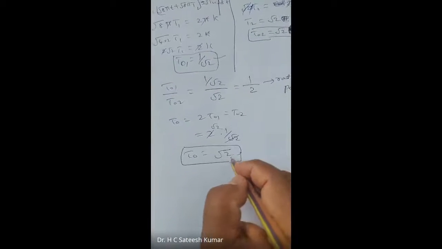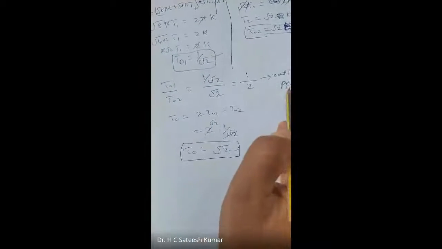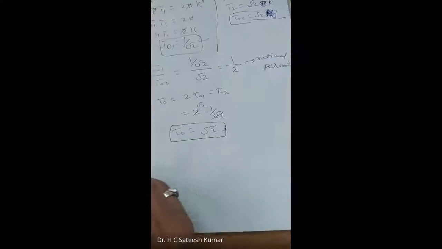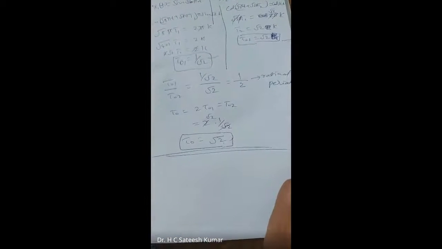It can be irrational, no problem. But individually, the ratio should be rational, right? So that's how we can check the periodicity of the sum of two signals.